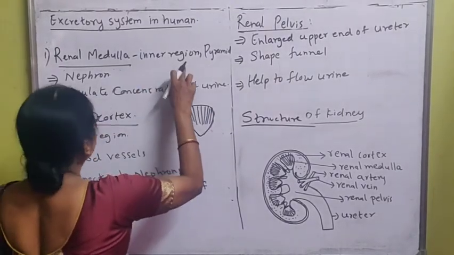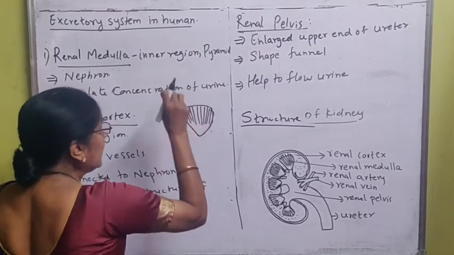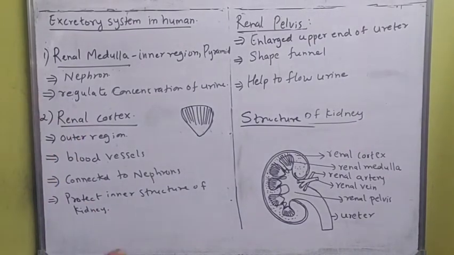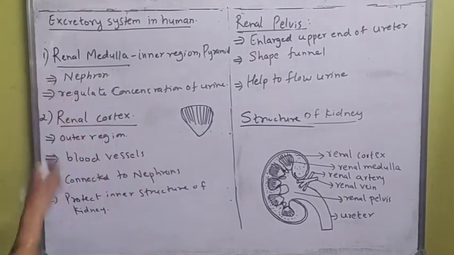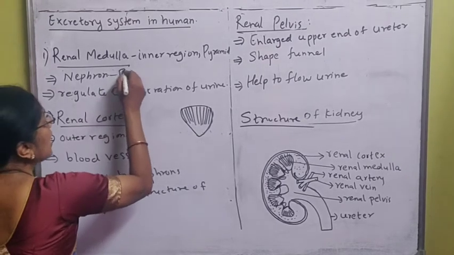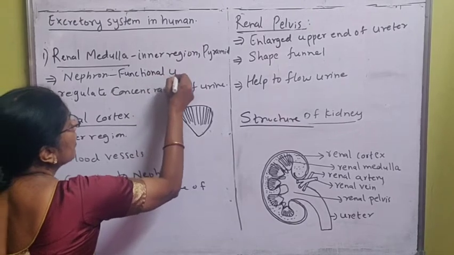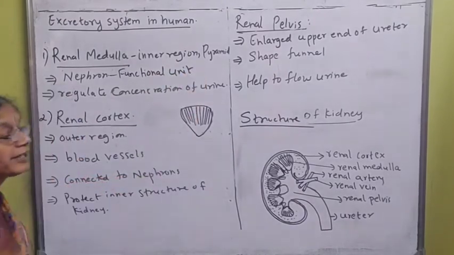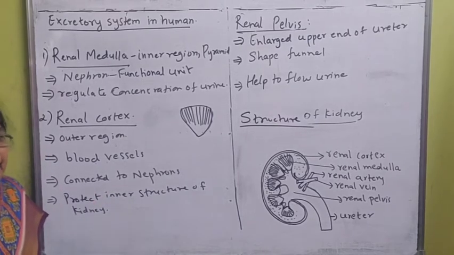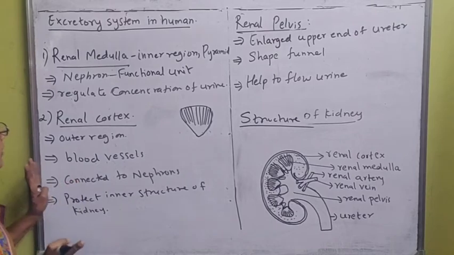It is the inner region in the shape of a pyramid, and inside this you have a very, very important part called the nephron. What are these nephrons? Nephrons are the functional unit of the kidney. Numerous nephrons are there.